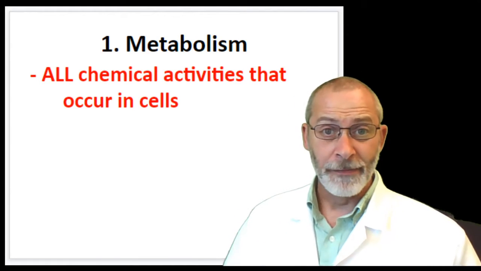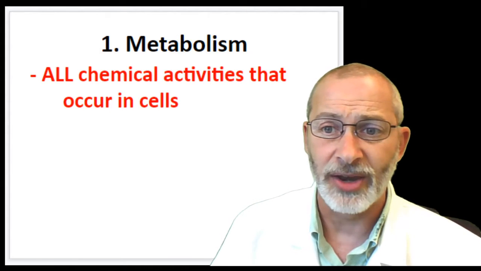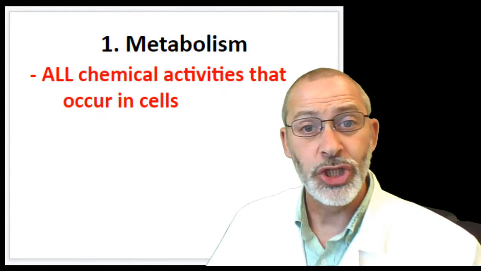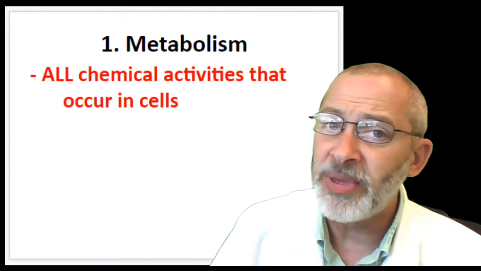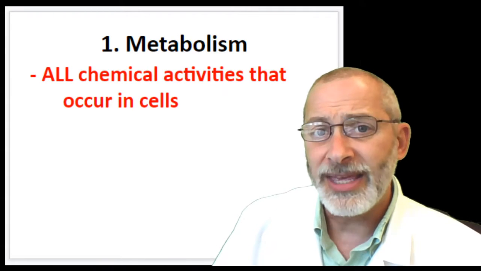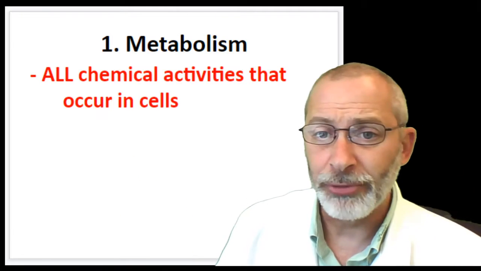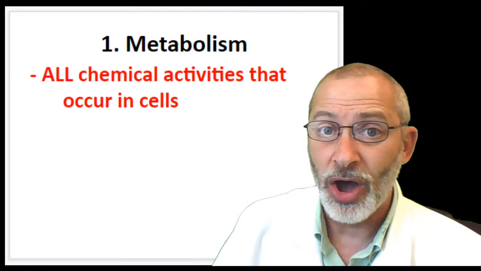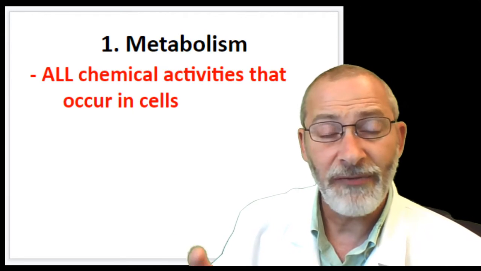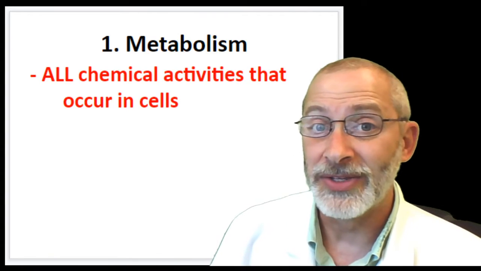So it's a broad term because, as we're going to discover, there are a number of chemical activities that occur in cells, but the general catchphrase, the big word for the day, is metabolism. And you may remember what some of those more specific terms are. In fact, let's see if you remember any of those things that are included in metabolism.